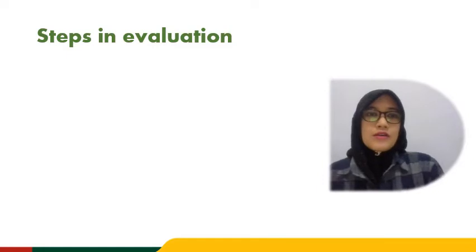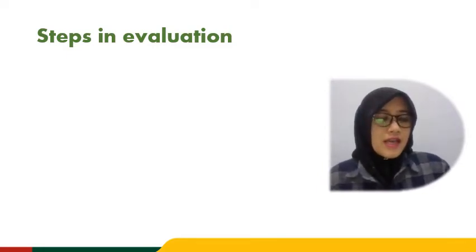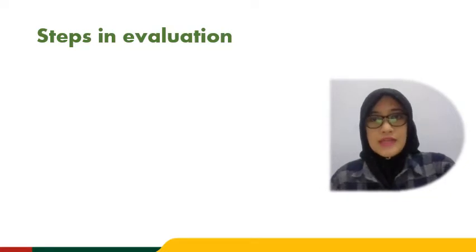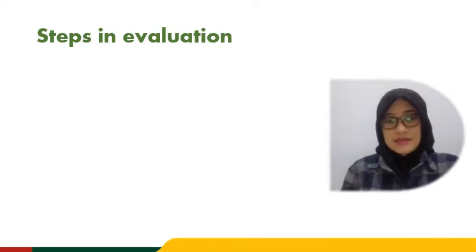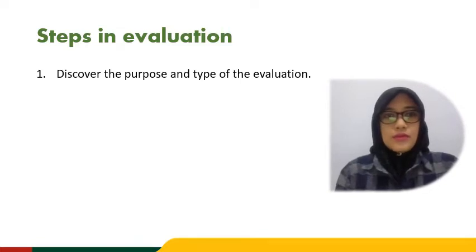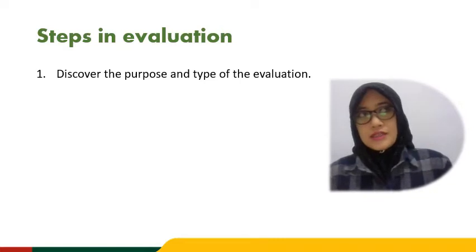Okay, now we are going to talk about the steps of evaluation proposed by Nation and Macalister in 2010. We have several steps here, and I'm going to discuss some of them in unison, not one by one.